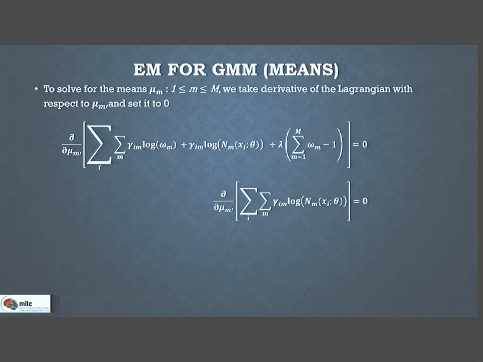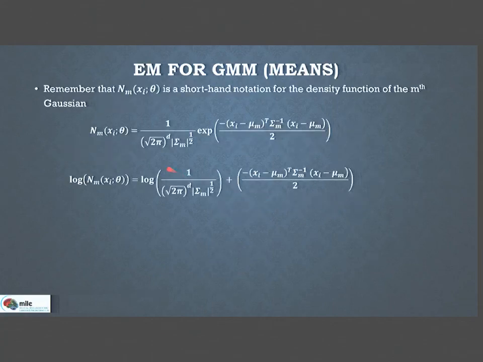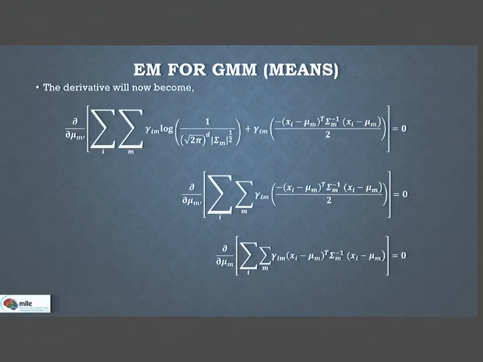Just to remind you, I have written that N m is shorthand notation for the first component, second component, and so on. So the m-th component Gaussian density. We just substitute that here.